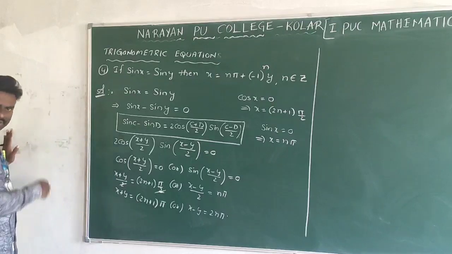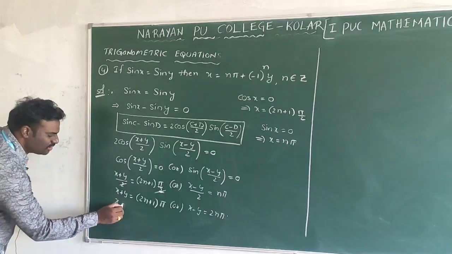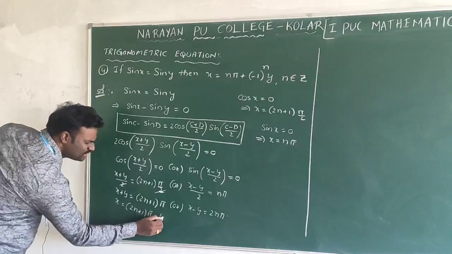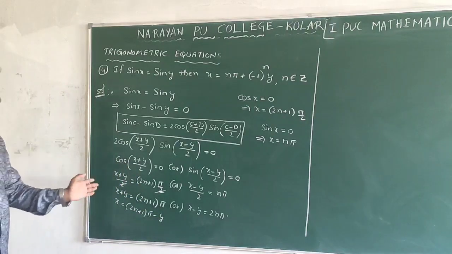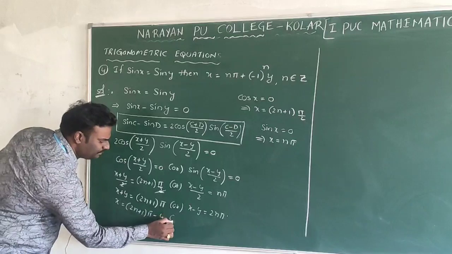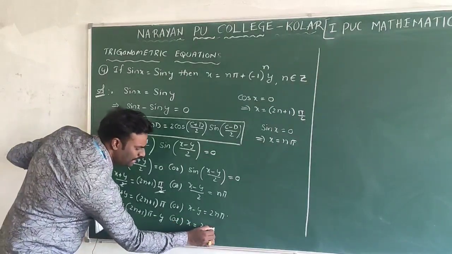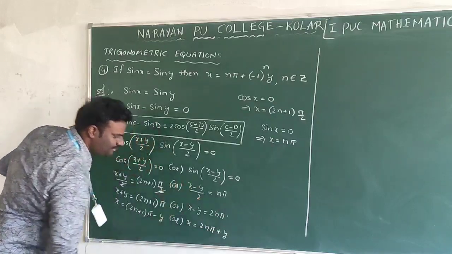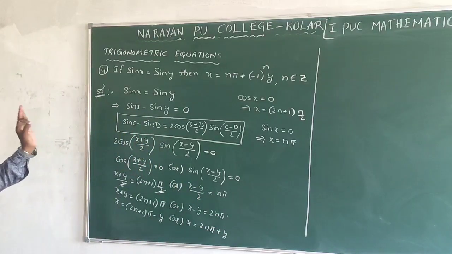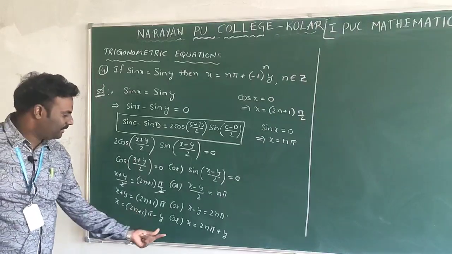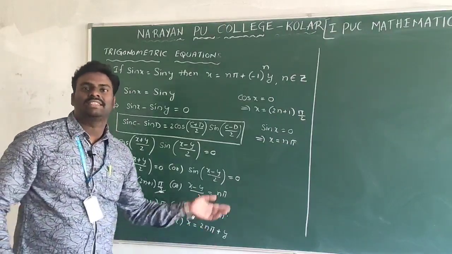Now you send plus y that side. x is equal to (2n+1)π minus y you will get. Here you send minus y that side. x is equal to 2nπ plus y will come. You remember one important point. This (2n+1) indicates an odd number. This 2n indicates an even number.